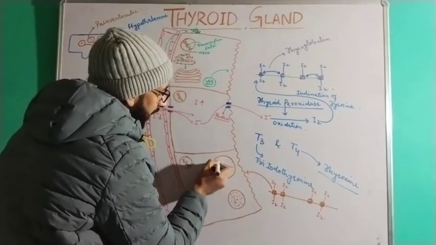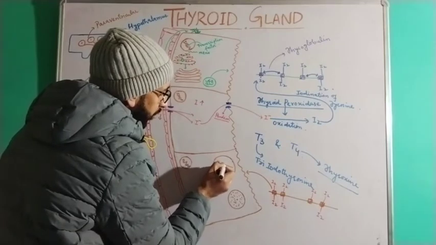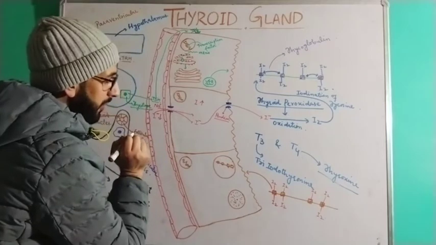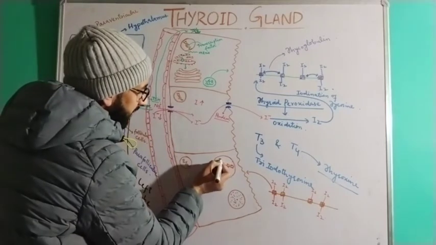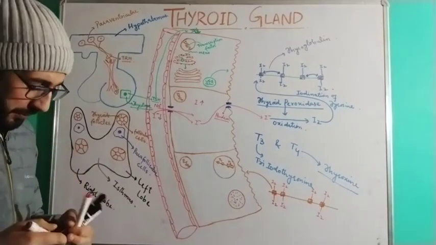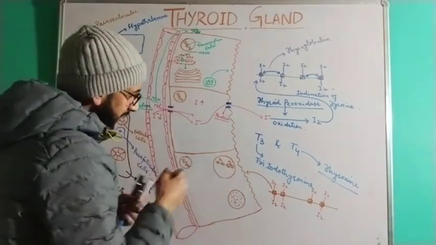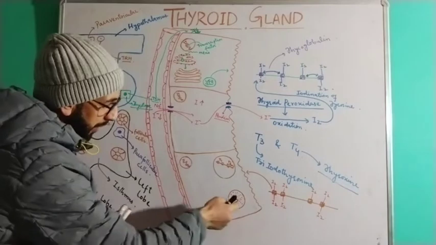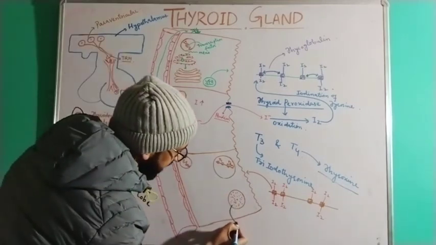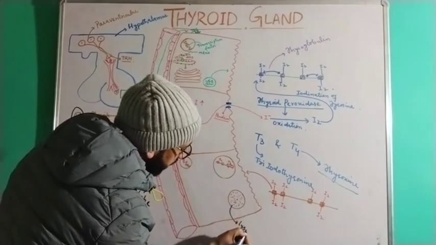Now we will have this thyroglobulin colloid, and in the thyroglobulin we will have this T4 and T3. Fine. Now another vesicle acts on this, and that vesicle is called a lysosome.